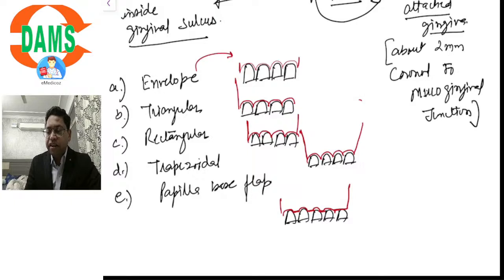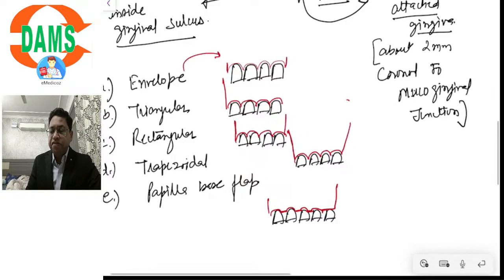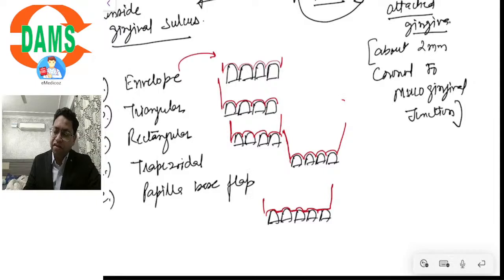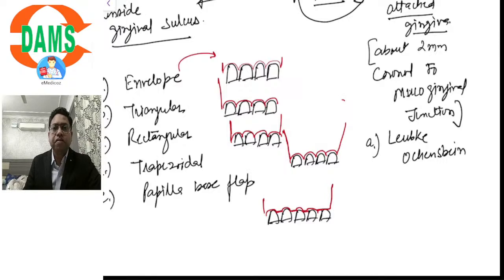On the other hand, if we talk about the examples of partial thickness flaps, one example is Luebke-Oschenbein flap. L-U-E-B-K-E, the B is silent in this.